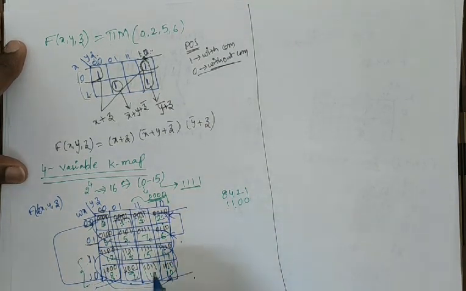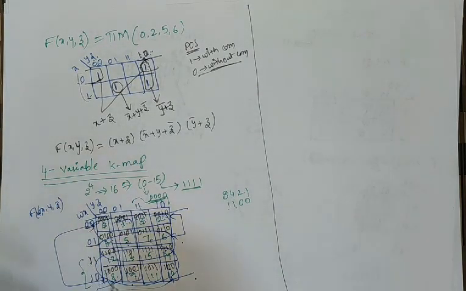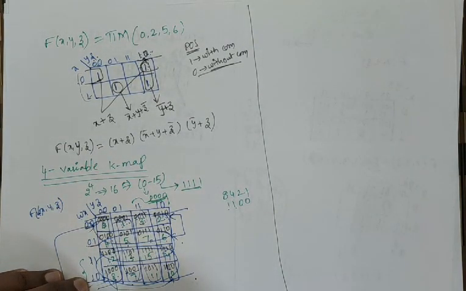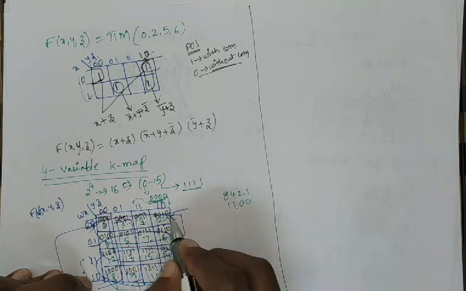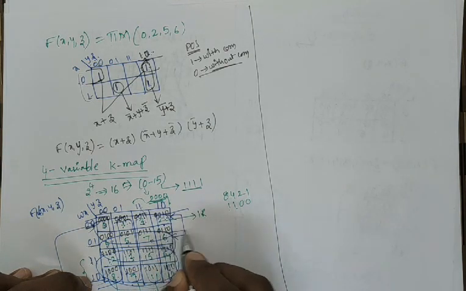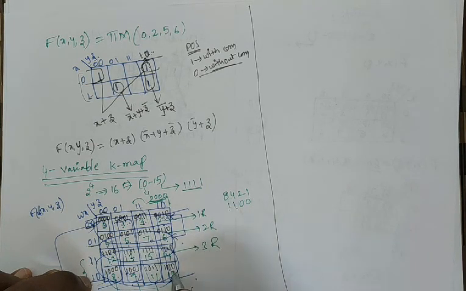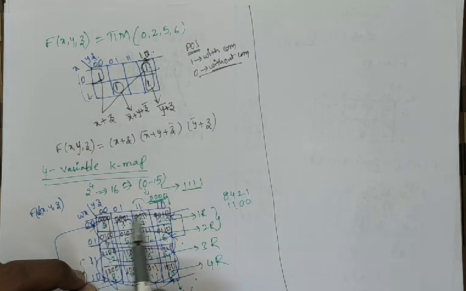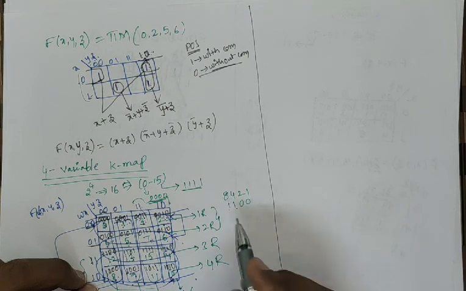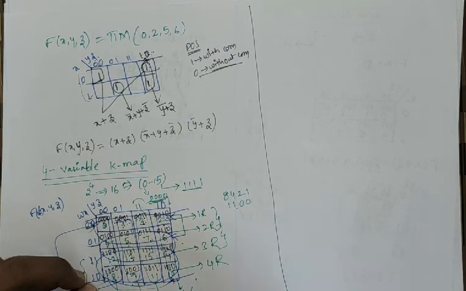Okay, so suppose this is 1c, 2c, 3c, 4c. That means first column, second column, third column, fourth column. And 1r, 2r, that means first row, second row, third row and fourth row. Okay, so these two are adjacent to each other; all the terms in this row are adjacent to the terms in that row. 2r is adjacent to 3r.